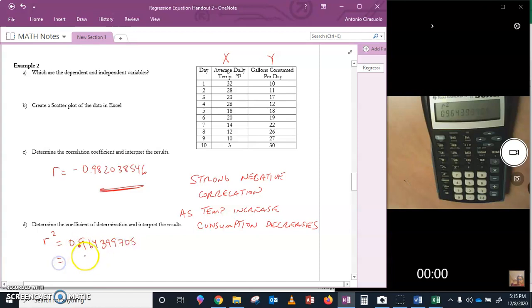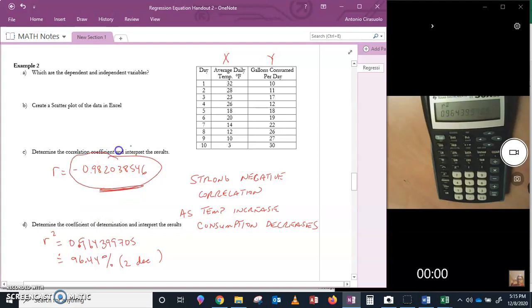And once again, I can say that's approximately 96.44% rounded to 2 decimal places. Once again, I use the unrounded value for that.